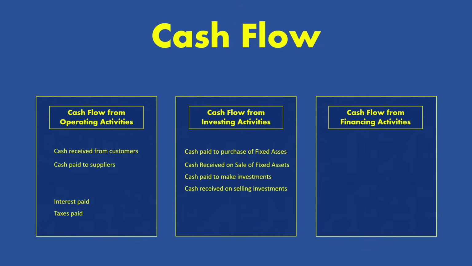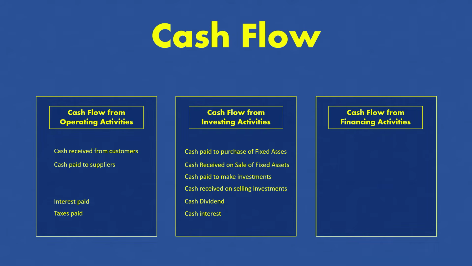Similarly, if we make a third party investment, if we invest somewhere in the form of other companies' shares or their bonds, or even if we make a bank deposit, that cash flow will be considered here in the investing activities. And finally, of course, the cash dividend and cash interest that we receive over those investments are going to be covered here in the investing section.